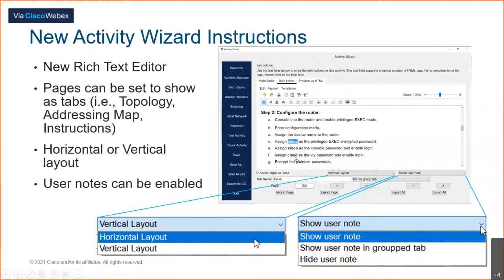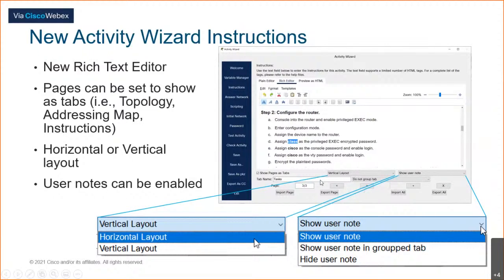This way you just have 3 pages, page 1 for topology, page 2 for addressing map, and page 3 for textual instructions. You can also change between horizontal and vertical layout, whatever fits best. I couldn't find a specific use case when vertical layout is helpful, but there might be some.